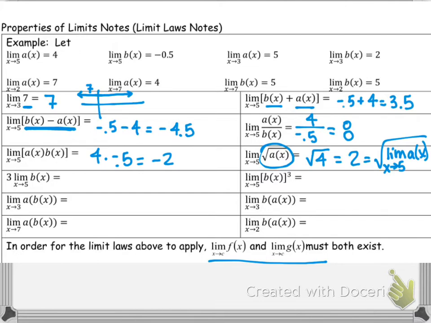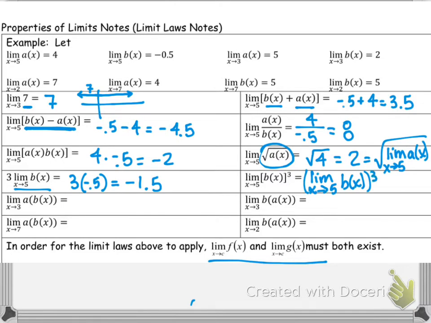We're just multiplying here a limit by a constant. That's allowable. And we're multiplying here by negative 0.5. Okay, next we're cubing a function and then taking the limit. That's going to give us the exact same answer as if we take the limit as x approaches 5 of b of x and cube it.